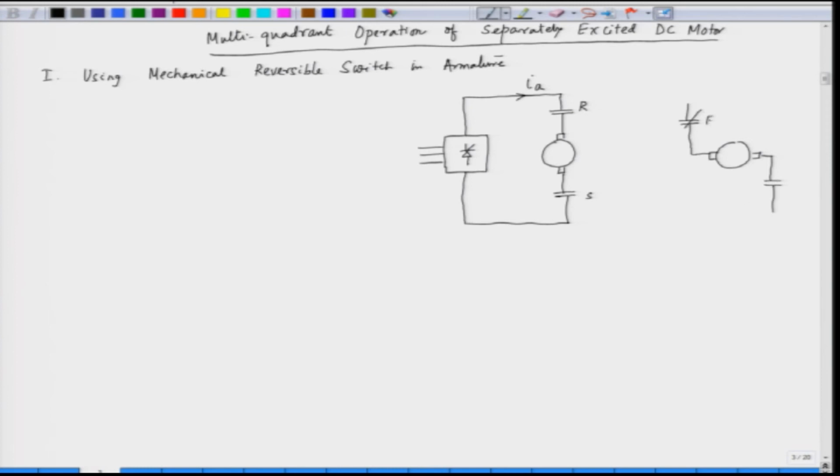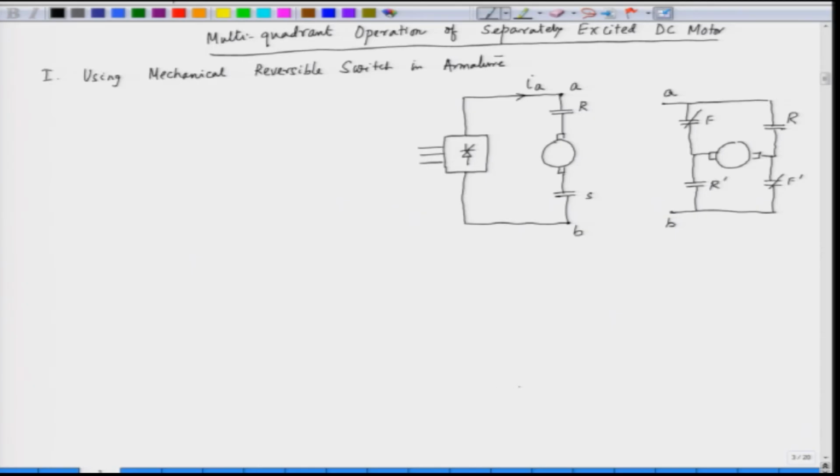This is called the forward switch, and the other pair of switches will connect the armature in the other direction. If this is our point A and point B, we have 2 pairs of switches, F and F prime, and R and R prime.